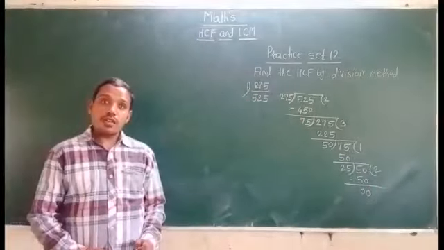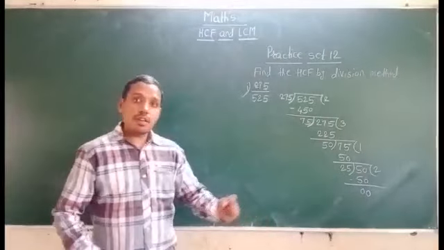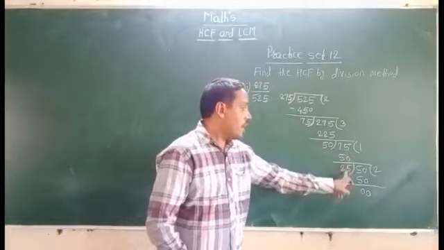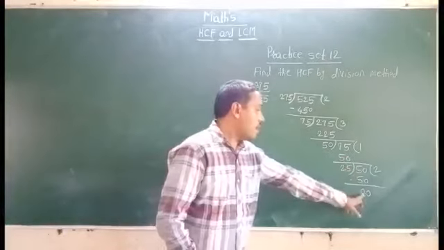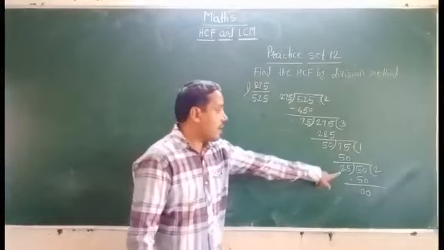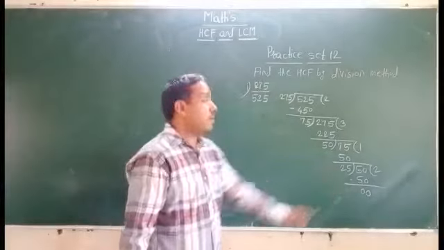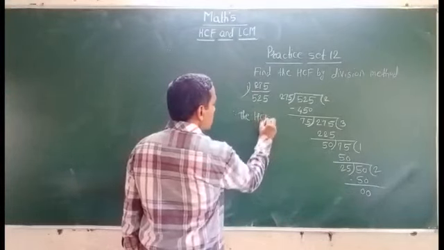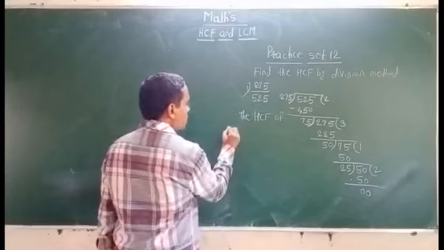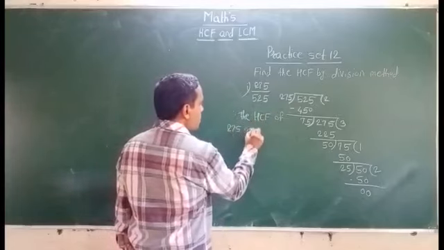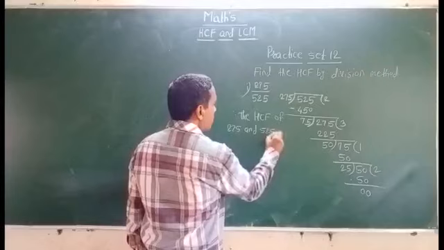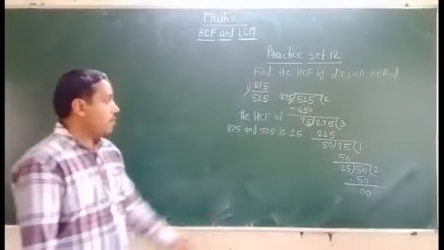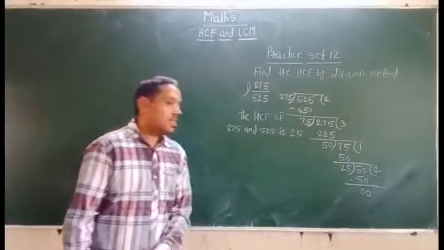By which number do we get the remainder 0? It is 25. When we divided by the last 25, we got the remainder 0, and that is why the HCF is 25. So therefore the HCF of 275 and 525 is 25.